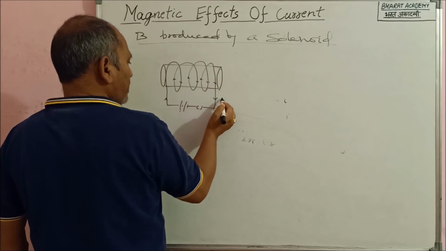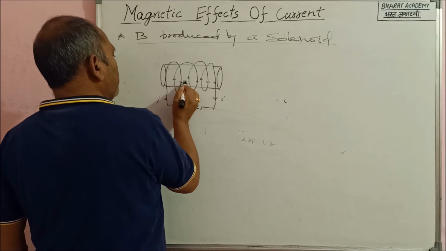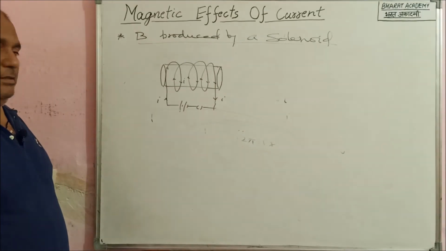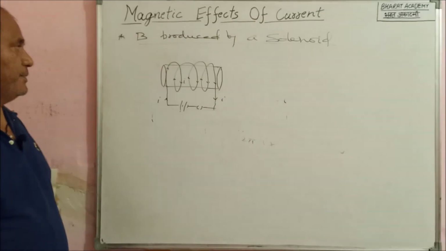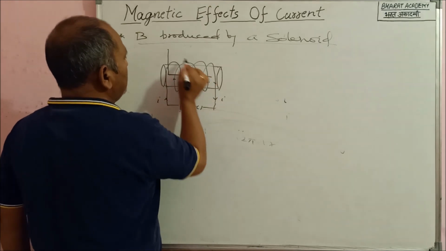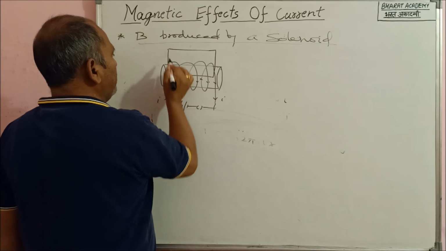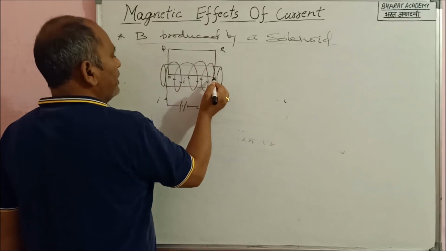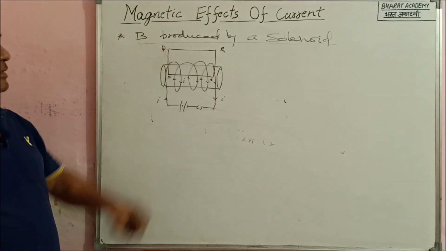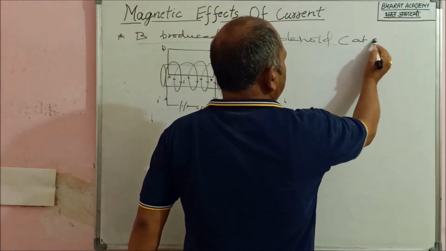But here we have to apply this Ampere's Circuital law to find the magnetic field produced by the solenoid. So for that we consider a rectangular loop like this. Name it P, Q, R and S. Through this solenoid, the magnetic field is at the center, right?